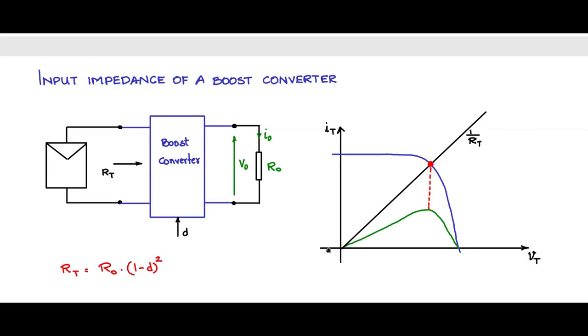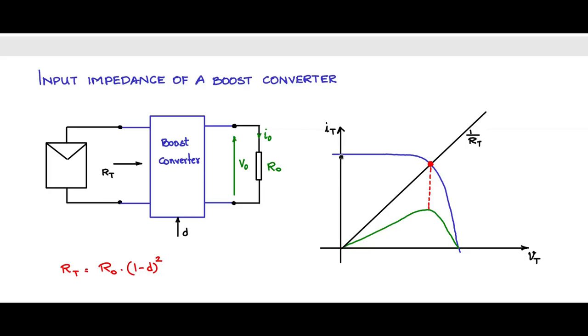Now let me draw another load line here. What happens to RT when D is varied? If D is 1, then 1 minus 1, RT becomes 0. When RT becomes 0, the slope becomes infinite, so it is aligned along the y-axis, which results in an operating point which is here, the short circuit operating point.